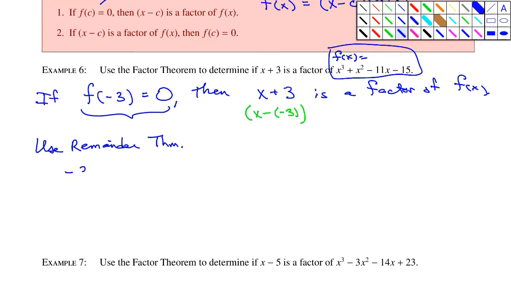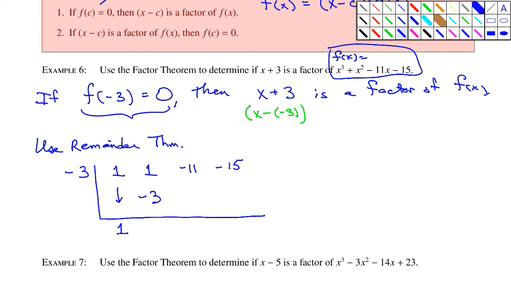So we'll do negative 3 divides into the synthetic division 1, 1, negative 11, negative 15. We bring down the 1. 1 times negative 3 is negative 3. 1 minus 3 is negative 2. Negative 3 times negative 2 is positive 6. Negative 11 plus 6 is negative 5.